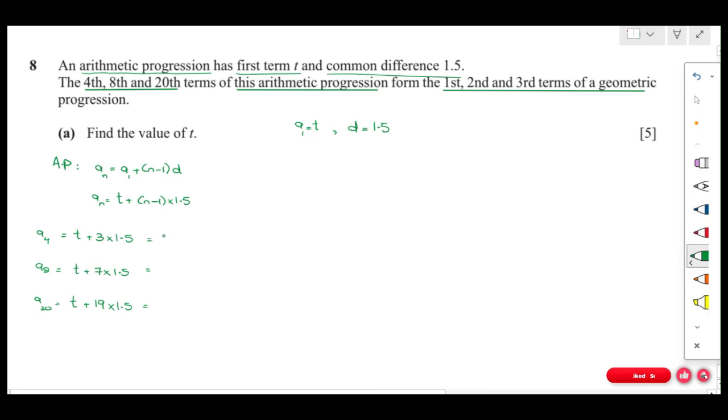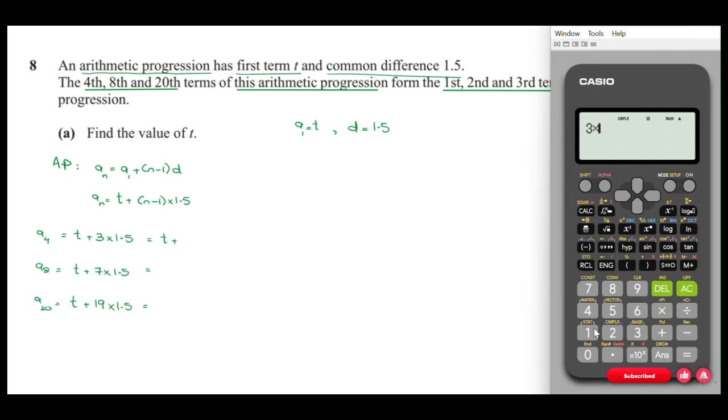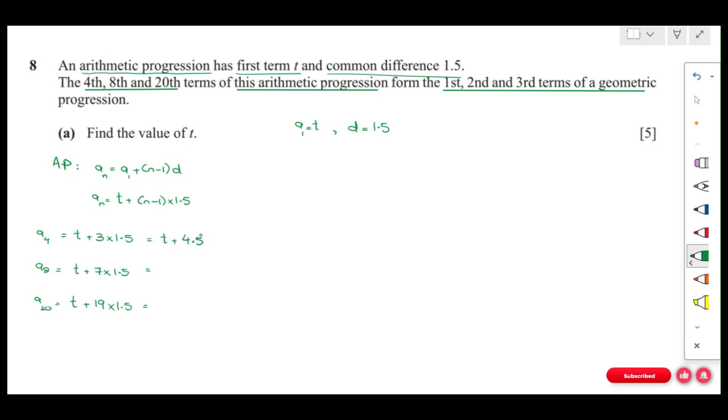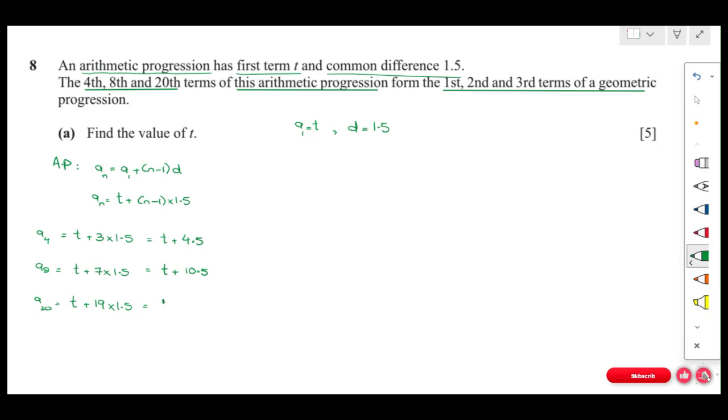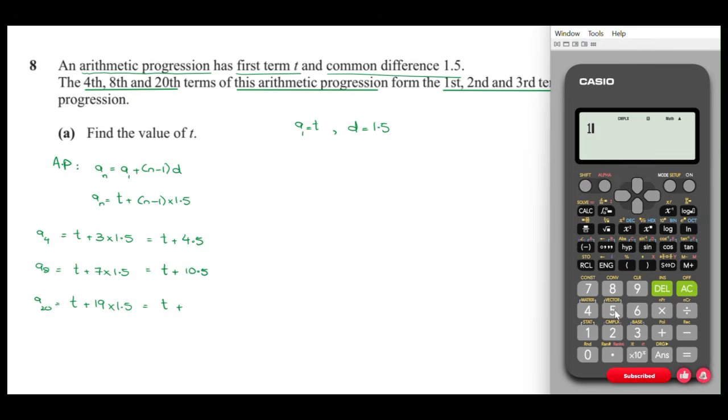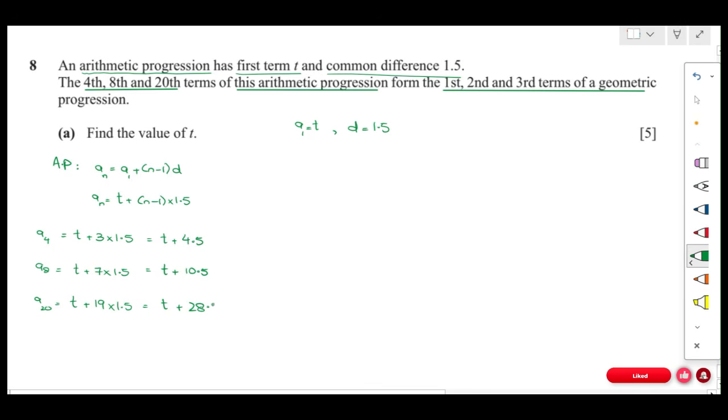So t plus 3 times 1.5 is t plus 4.5. The second is t plus 7 times 1.5, which is 10.5, and t plus 19 times 1.5 becomes t plus 28.5.